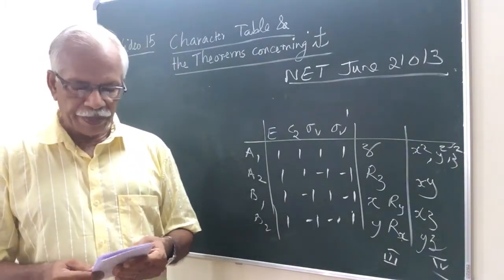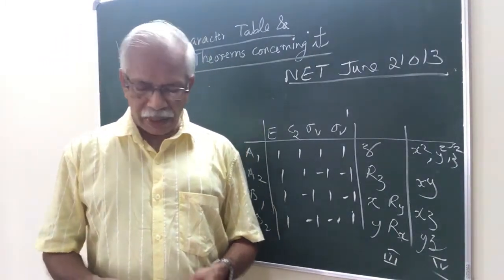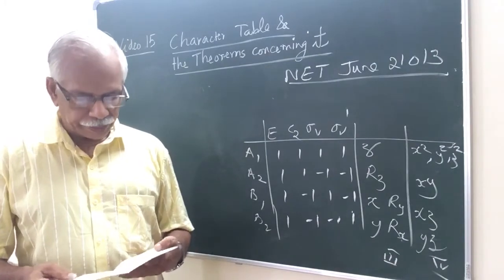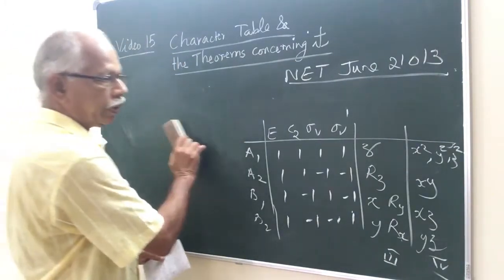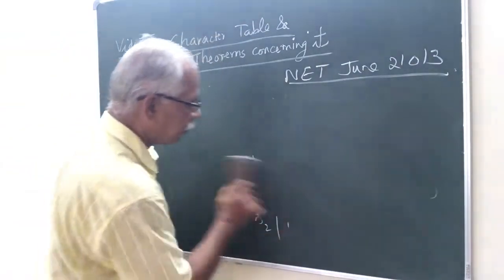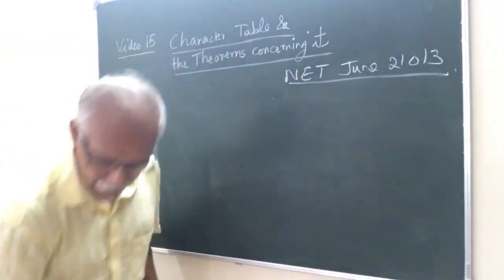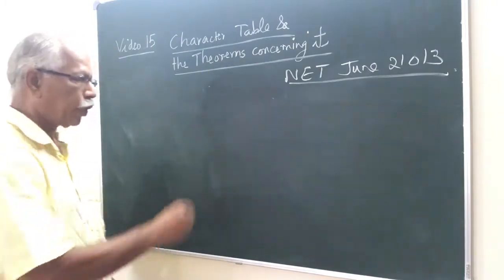One more character table can be given here, the one for the C3v group, the group to which the ammonia molecule belongs.